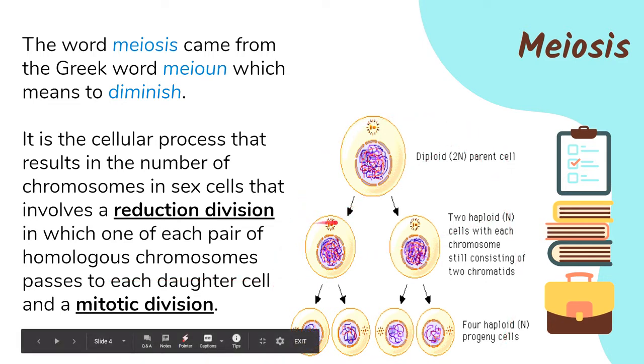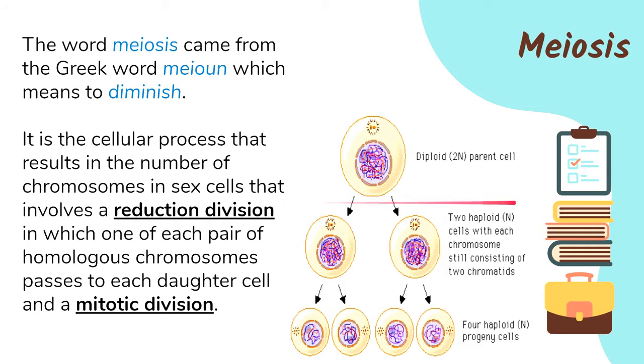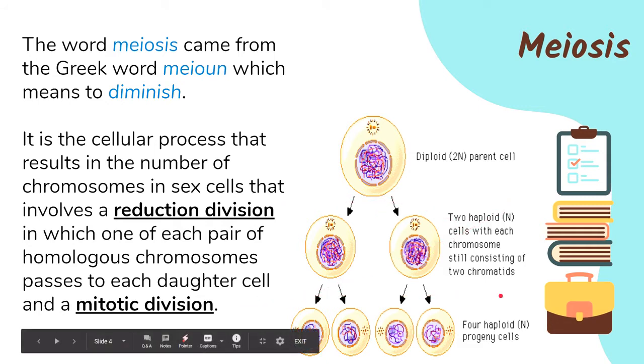As you can see, there are two stages of cell division. Unlike in mitosis, where there's just one division from one parent cell into two daughter cells, in meiosis there are two stages of cell division.